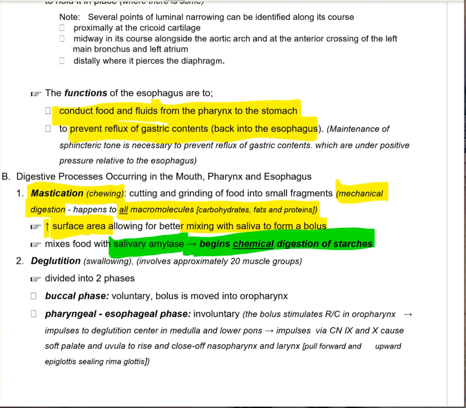So all mechanical digestion occurs in the mouth. Chemical digestion of starches occurs in the mouth as well. The other chemical digestion of significance, of fats and proteins, occurs later in the digestive system. We'll get to that later.